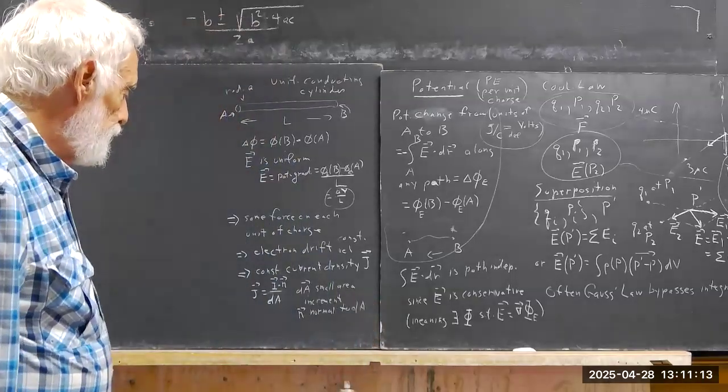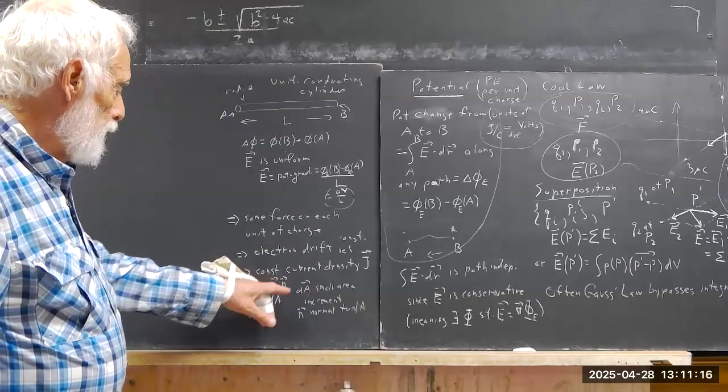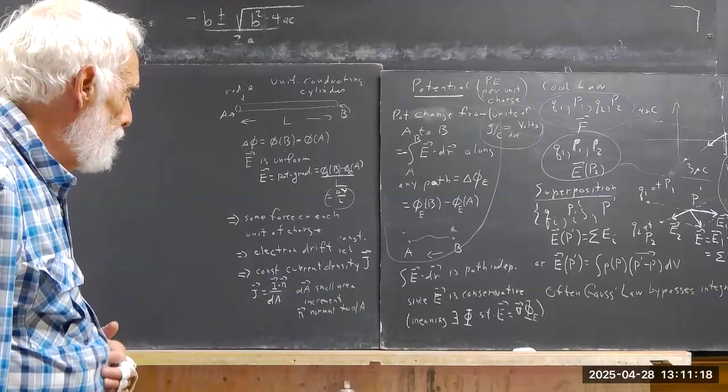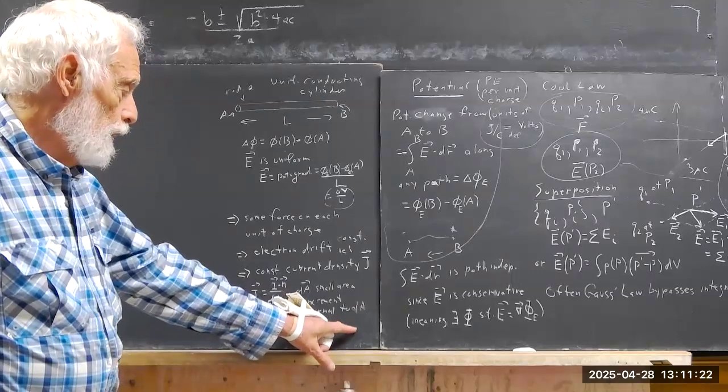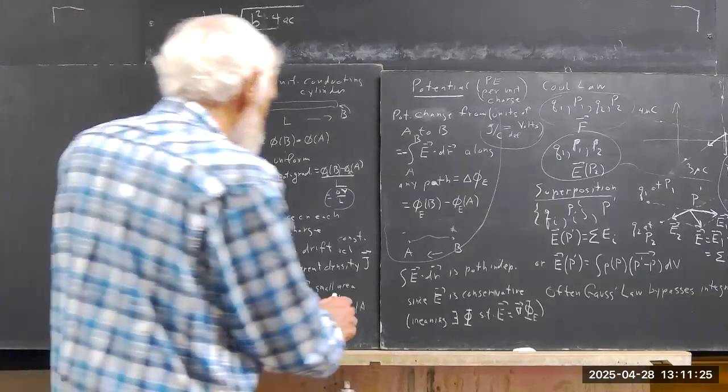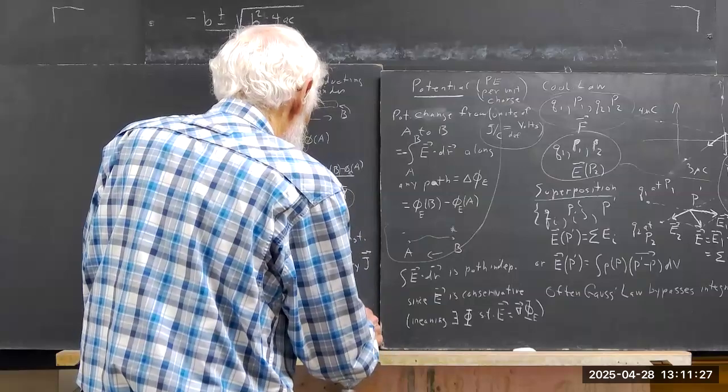I'll say it this way: it's J dot N over dA, where dA is a small area increment normal to the current. It's not very distinct.